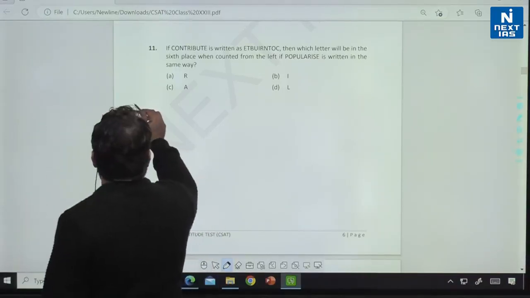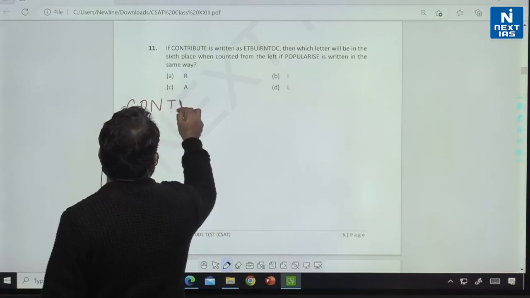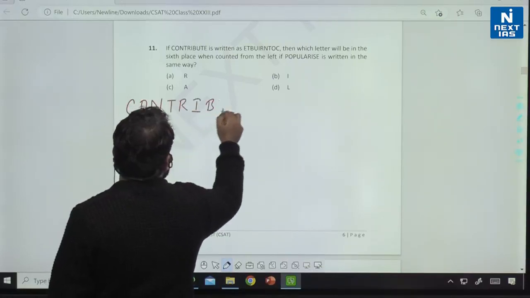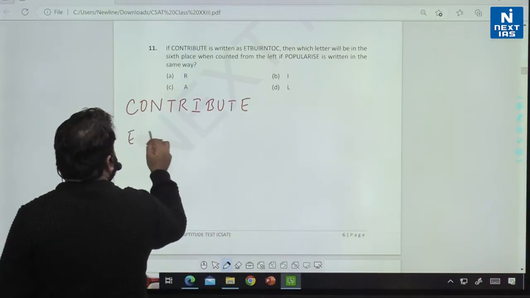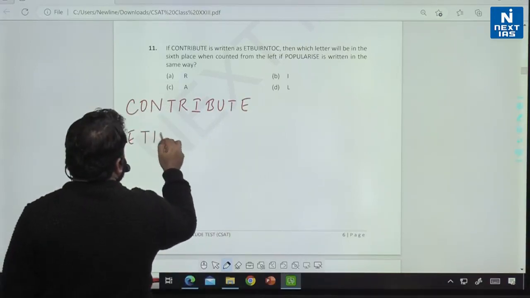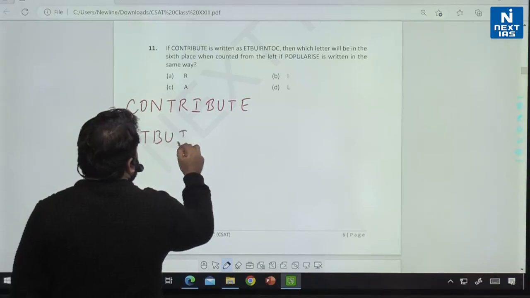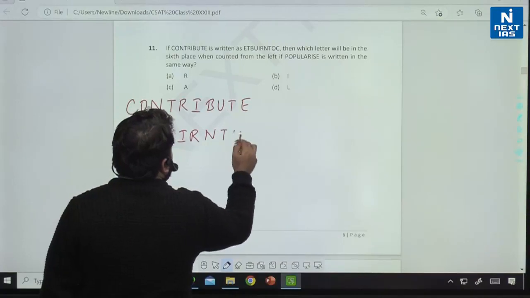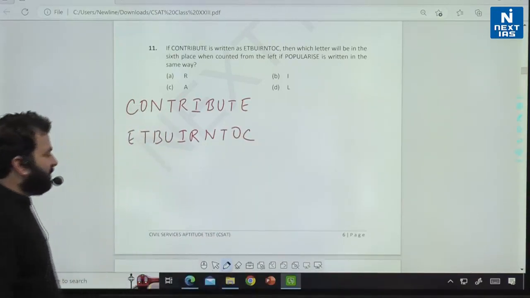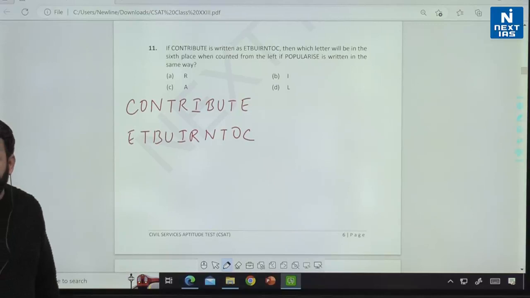So look, contribute is written as ETBUIR then NTOC. Now look at the pattern, is it getting clear?